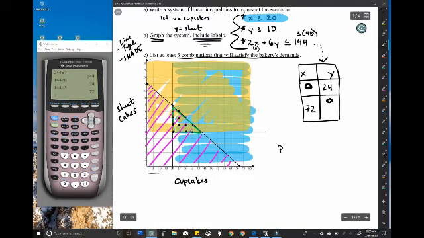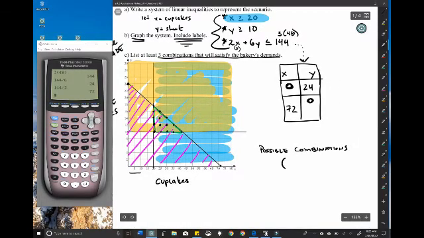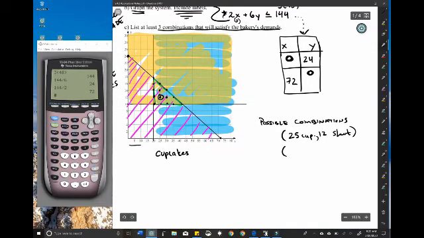So possible combinations for our bakery are, you can say 25 and 12, 25 dozen cupcakes and 12 sheet cakes. Make sure you have units, or you specify them at 1 point. You can say 30 and 12.